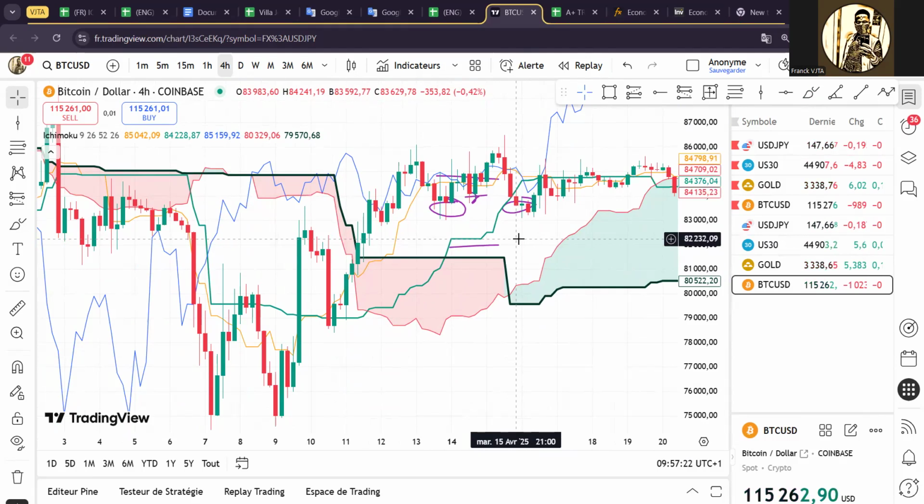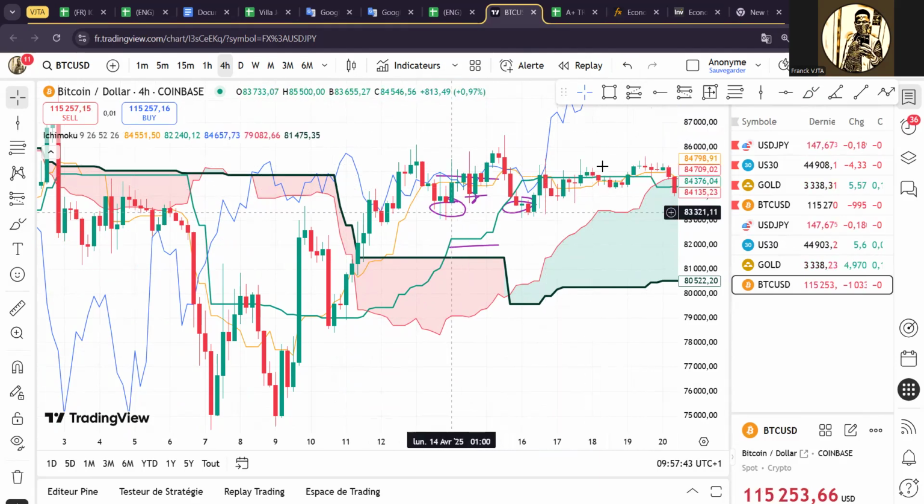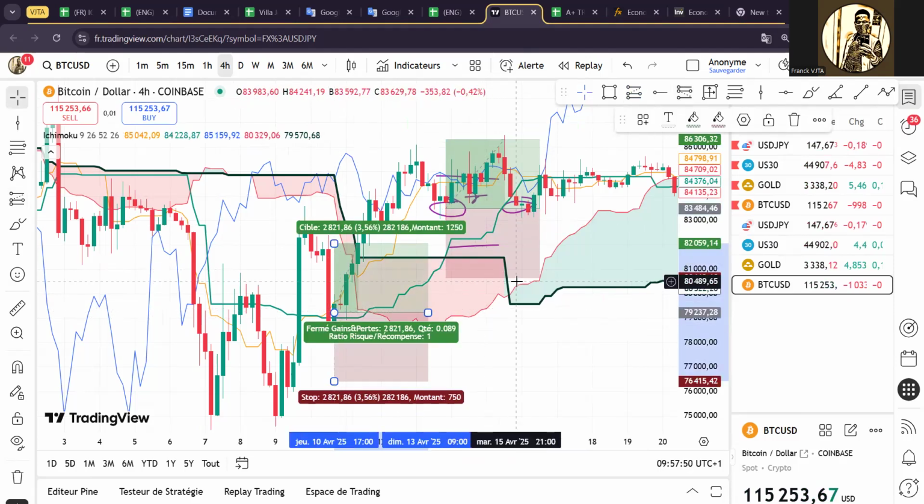But in my opinion, but not in my opinion, who am I? Ishimoku is everything. Ishimoku is the master. From the Ishimoku language, the opinion is that those medium horizontals are the best place to hold, because if you enter here, it's not as good as if you had entered just down here.